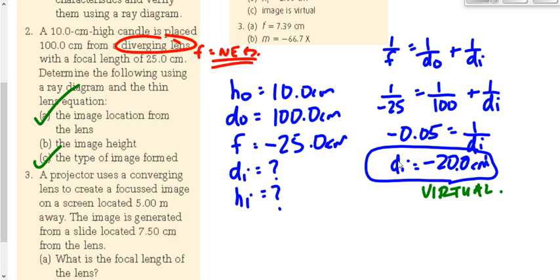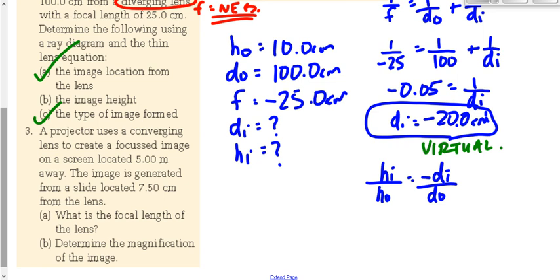Okay, let's determine the image height now. Let's say HI over HO equals negative DI over DO. HI is what we're trying to find, isn't it? HO is 10.0.